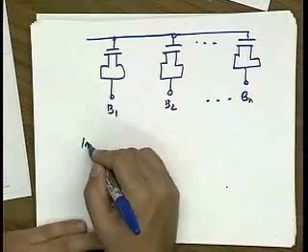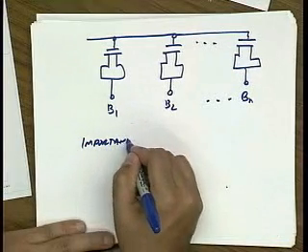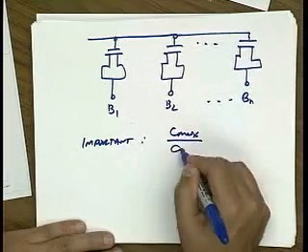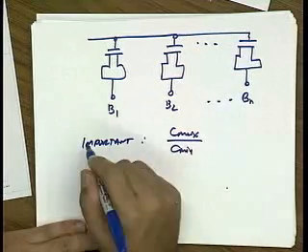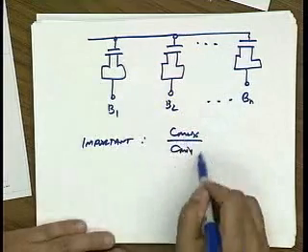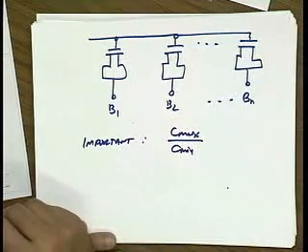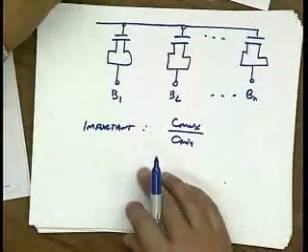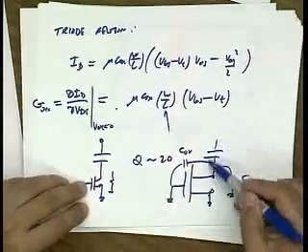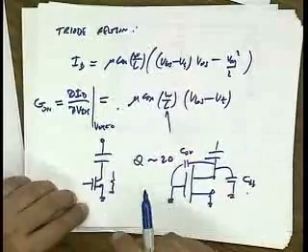So what's important is Cmax to Cmin. The maximum capacitance, which is Cox, and the minimum capacitance, which is determined by depletion. Here, Cmin is determined by a series combination of this guy and these parasitic capacitors. Okay.